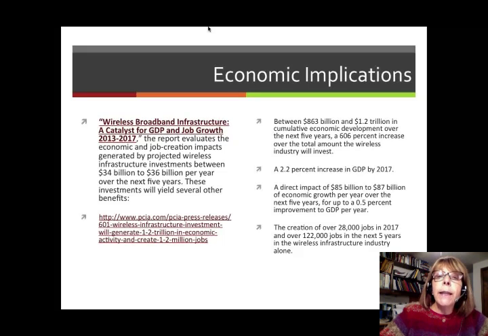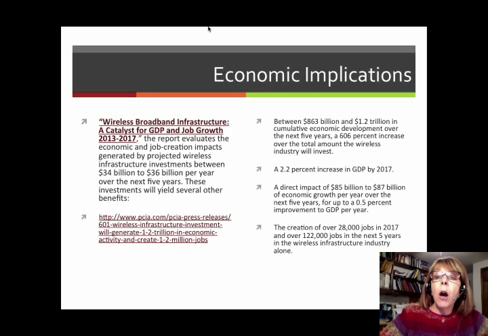So what they're saying is that the wireless companies are going to be investing between $34 billion and $36 billion per year over the next 5 years. So this was done last year. So in the coming years, this is what's projected. But as much as this infrastructure costs, the yield will be significantly more in terms of economic impact.